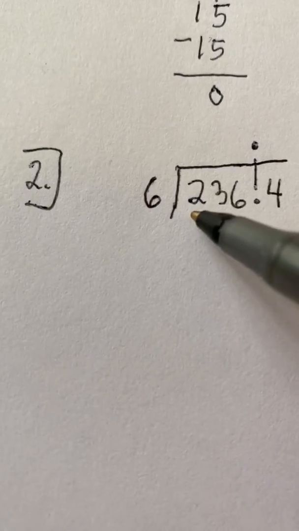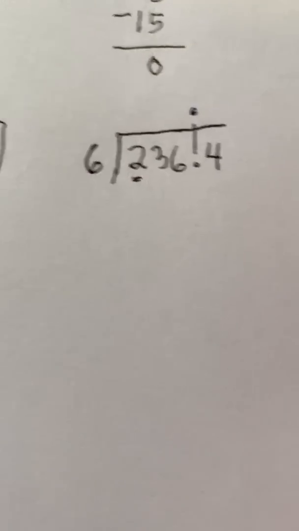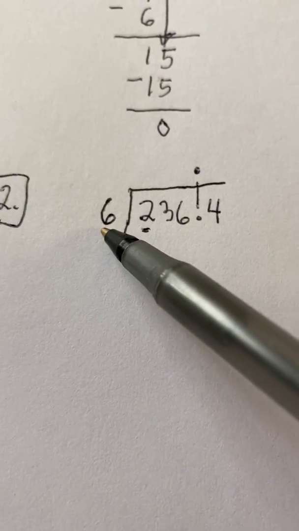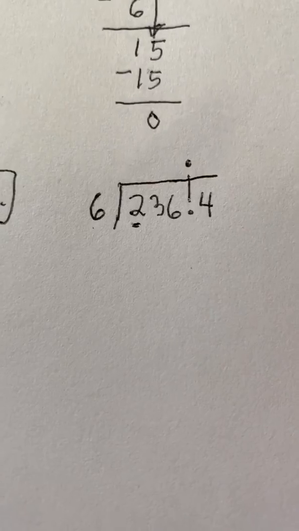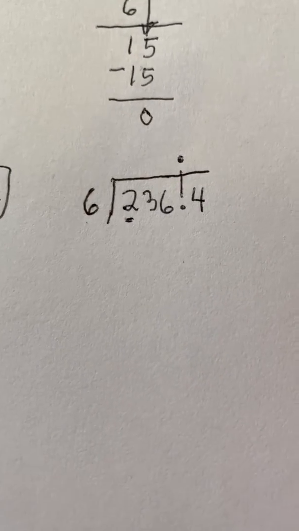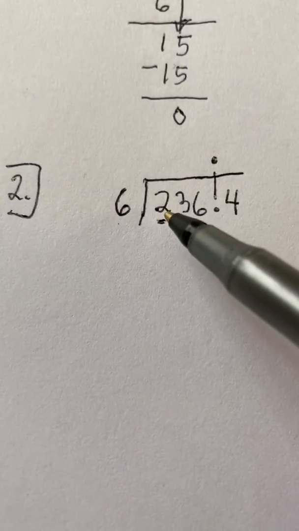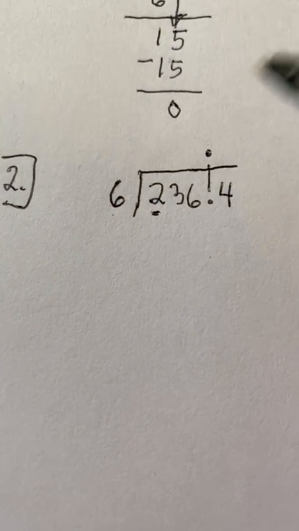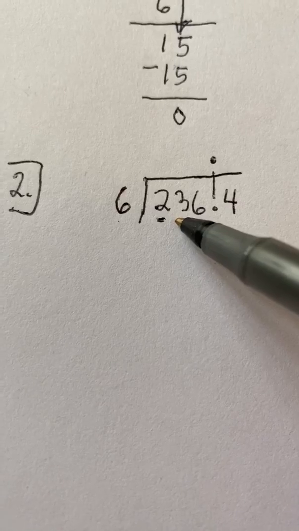So I'm going to start with 2. So I will begin by 2 divided by 6, which we cannot do because our dividend is small and our divisor is big. So we will move on to the second digit, which is 3.